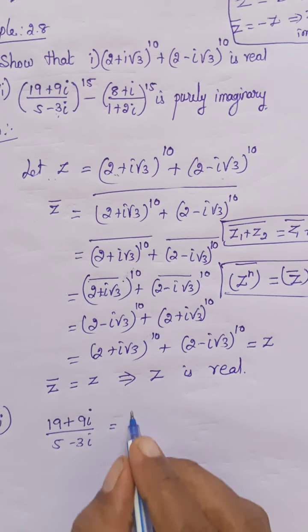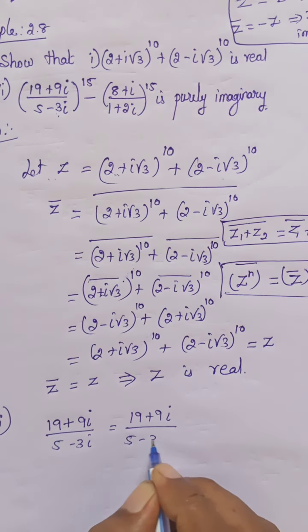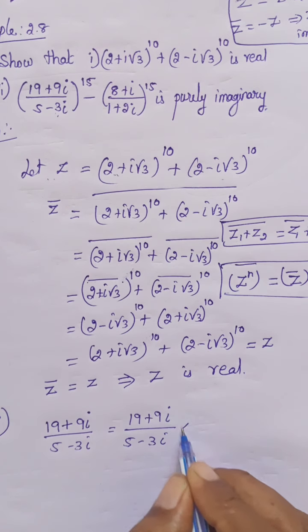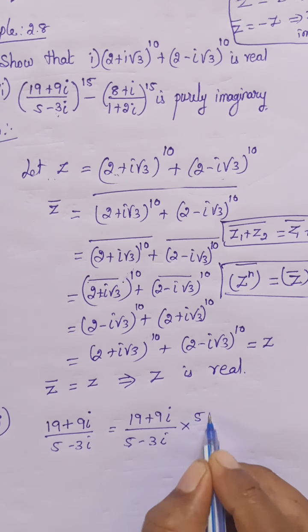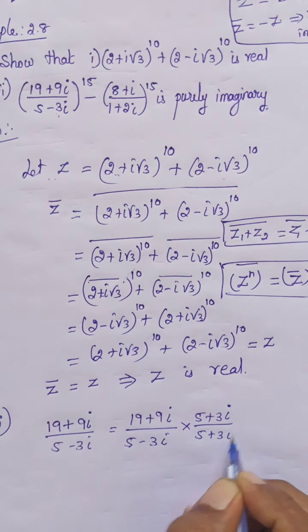When we have a complex number in the denominator, we have to take the conjugate and multiply both numerator and denominator. So multiplying by the conjugate of 5 minus 3i, which is 5 plus 3i, divided by 5 plus 3i.